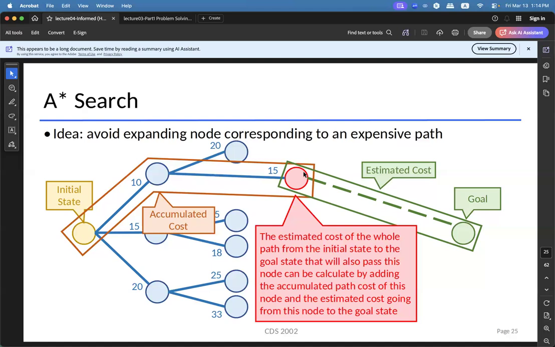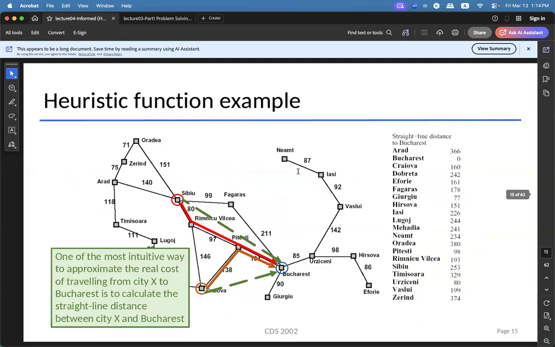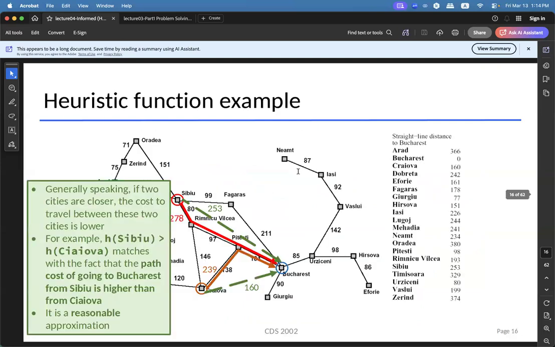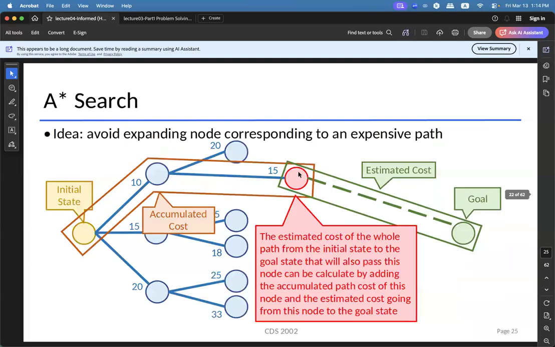Okay? So the major difference between the A-star search and the best first search is that in the best first search, we prioritize the node completely based on the heuristics. Okay. But in the A-star search, we are actually taking the best of both worlds. We have a component that is the real path cost.